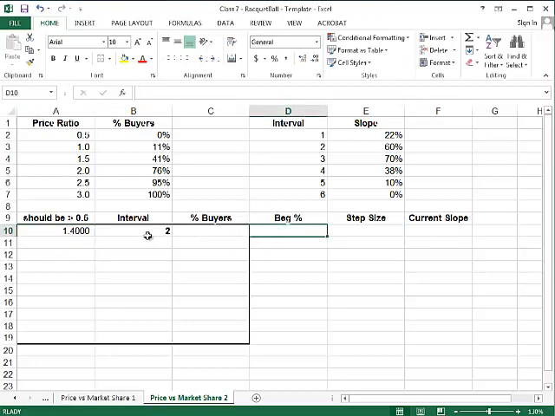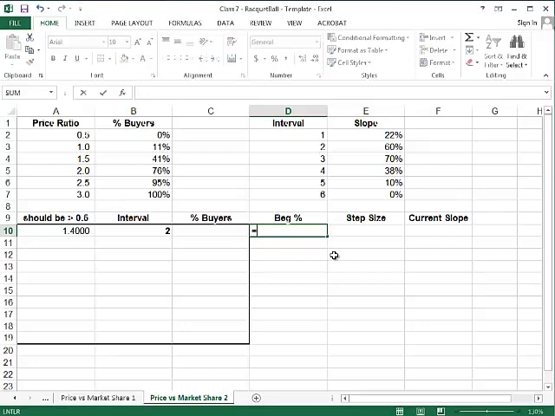In 1.4, I'm in interval 2, which means my beginning percentage is going to be 11%. My step size is going to be 0.4, which is how far I am from the beginning of the interval 1. And then the current slope, since I'm in interval 2, is going to be 60%. So let's pick up those three numbers.